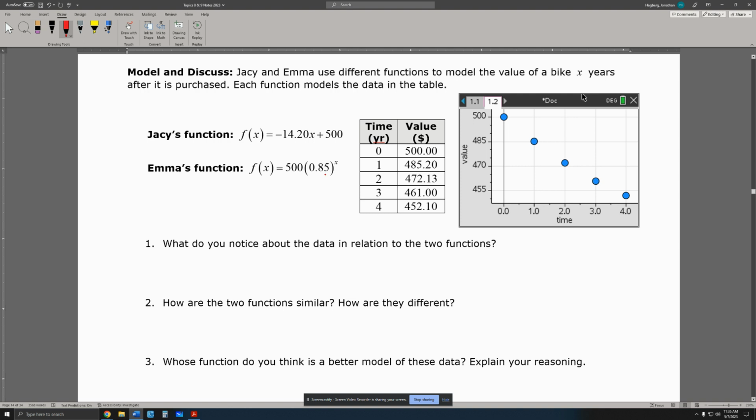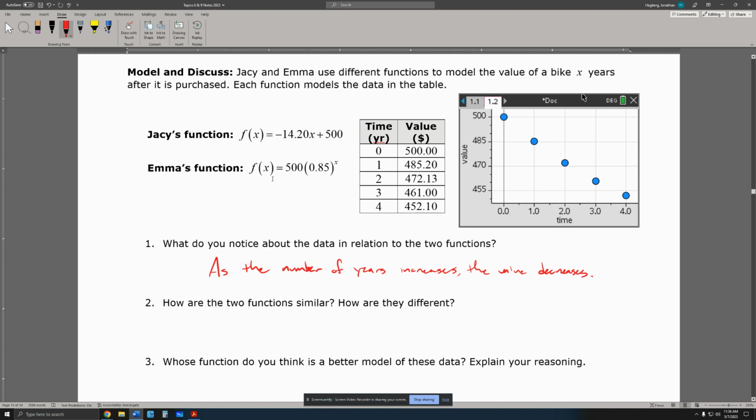So one way we can answer this question, this has many different answers, we can say as the number of years increases, the value decreases. Okay? So as the number of years increases, the value decreases.